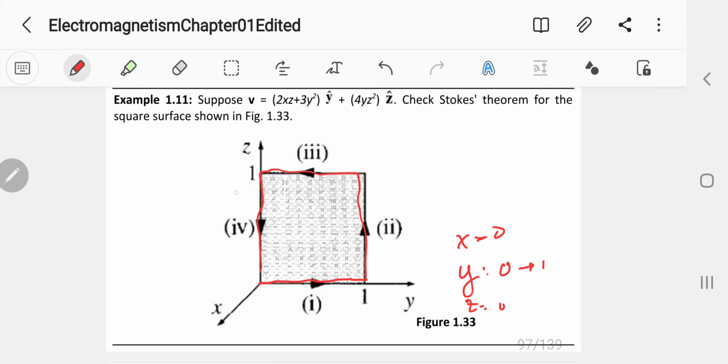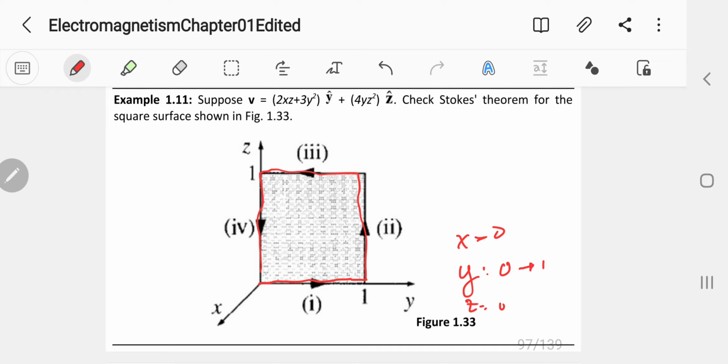For segment 3, z is equal to 1, y goes from 1 to 0, and x is equal to 0.